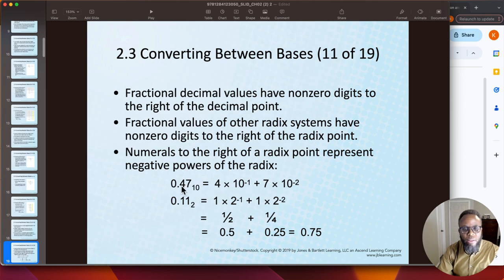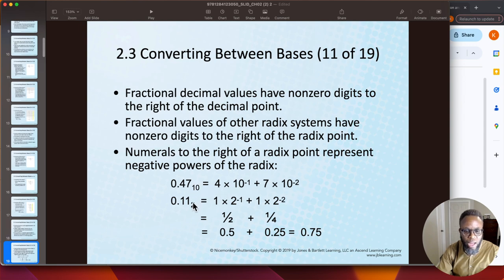So it's going to be 4 times 10 to the negative 1 because all the numbers are after the decimal point. So 4 times 10 to the negative 1 plus 7 times 10 to the negative 2. Okay, now this is 0.47 in base 10.